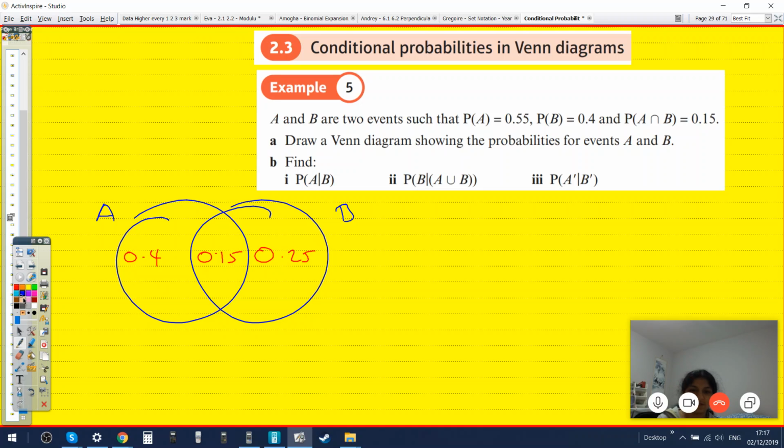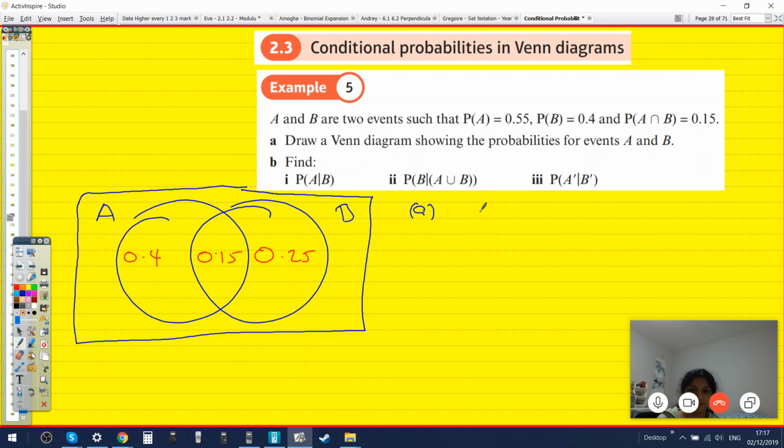So then to find A given B, you have to do probability of the intersection over B. So you would do 0.15 over 0.4, which is 0.375.